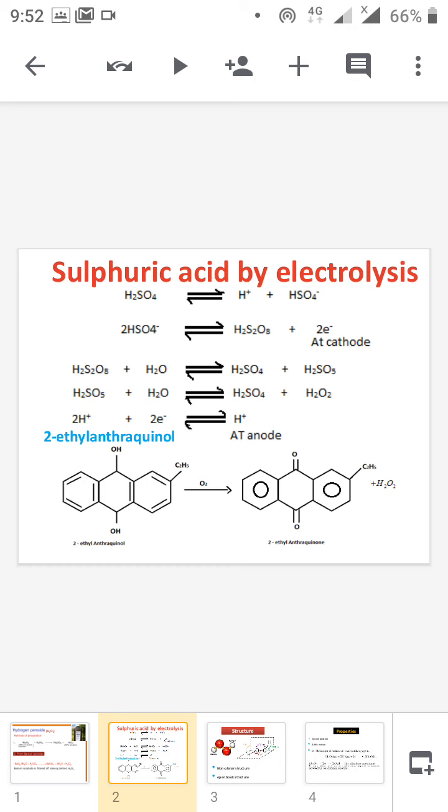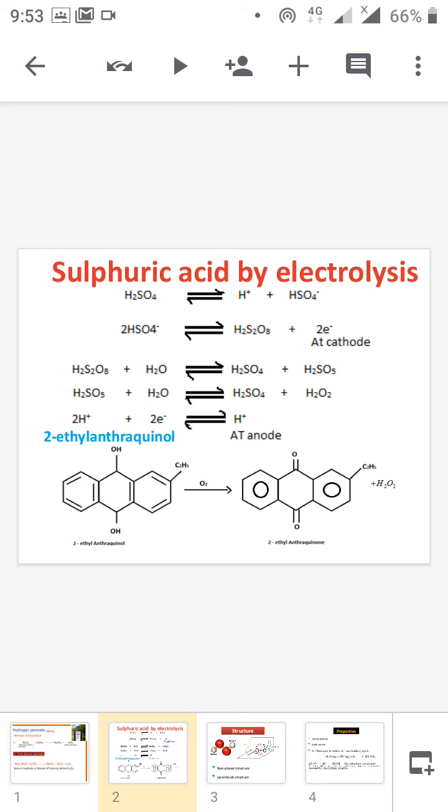Next is 2-ethyl anthraquinone. The preparation of hydrogen peroxide from 2-ethyl anthraquinone: in the presence of oxygen, it is converted into 2-ethyl anthraquinone and hydrogen peroxide. So these are the three methods for the preparation of hydrogen peroxide.